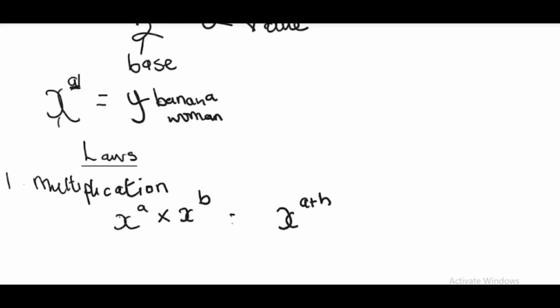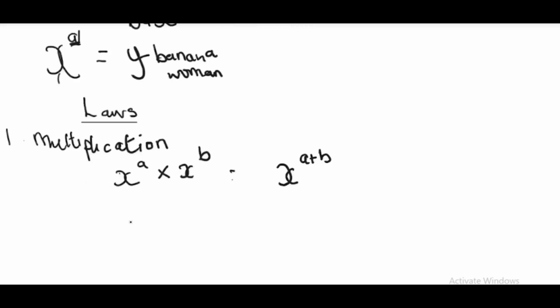So for instance, if you have 2y raised to the power of 2 times 3y raised to the power of 3, applying the laws of indices, you will see that we have 3 and we have 2. They are not the same. So when they are not the same, what do you do?